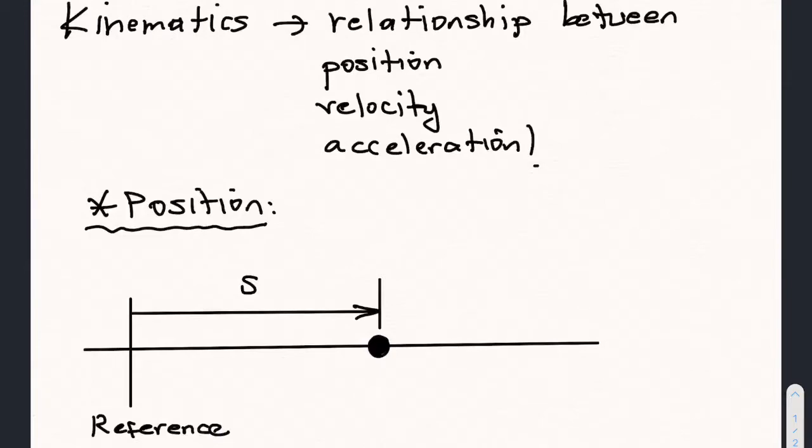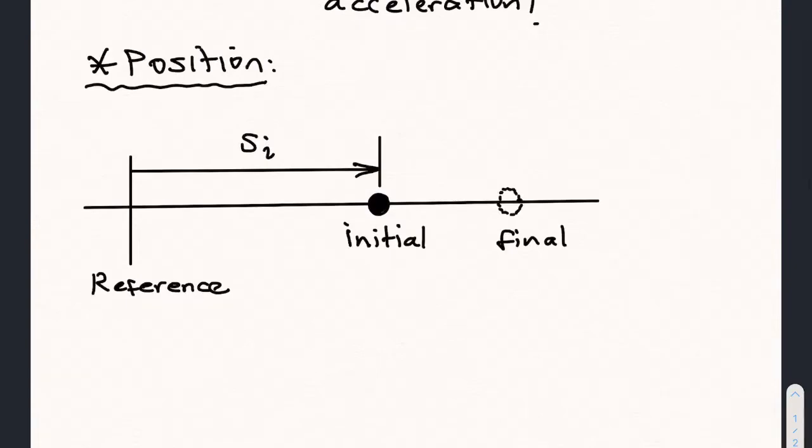And if the particle moves from this position to another position after a while, let's say this position, then the particle is displaced. And if this is the initial point, and let's say if this is the final point, then we can put letter i as a subscript, and we can say that S_i is the initial position, and we can do the same thing for the final position.